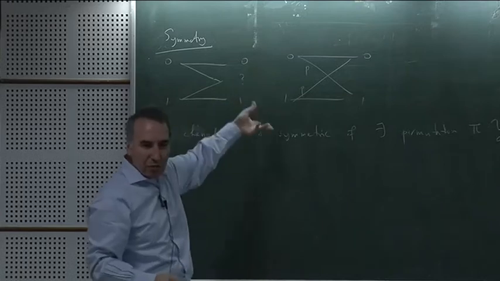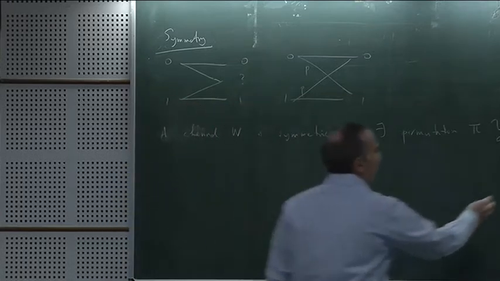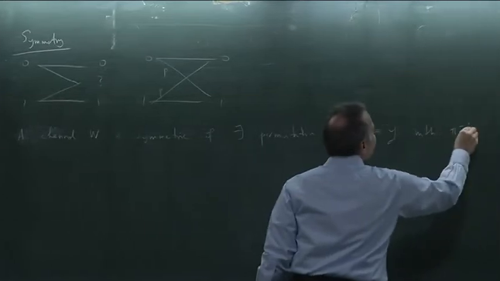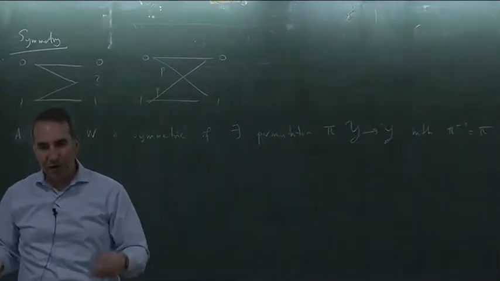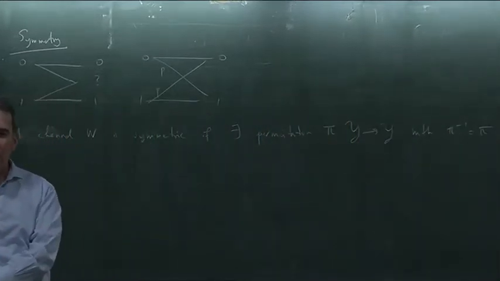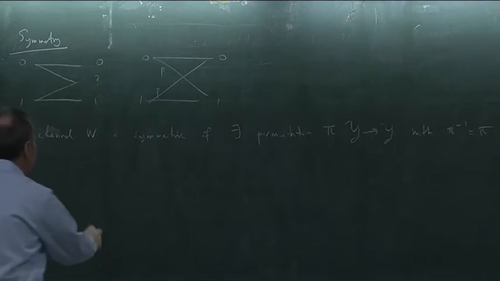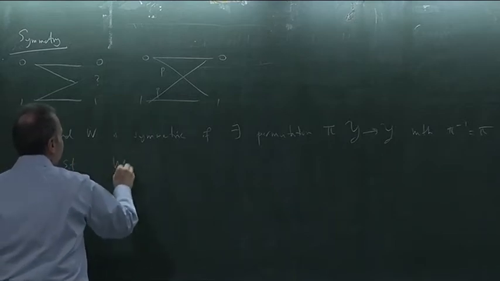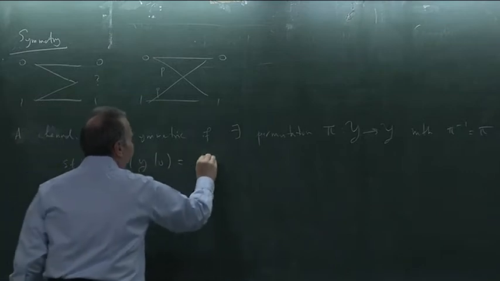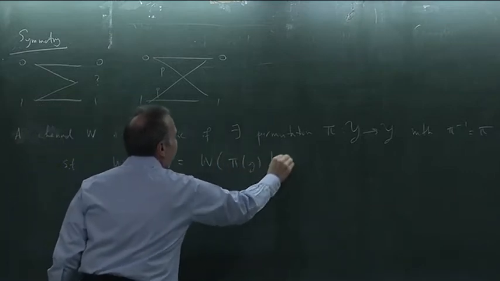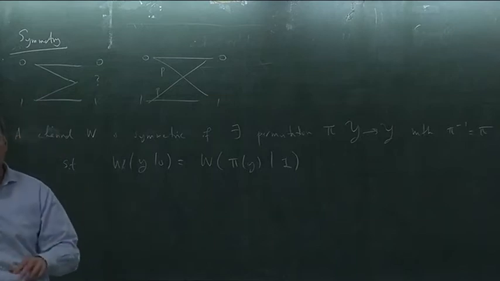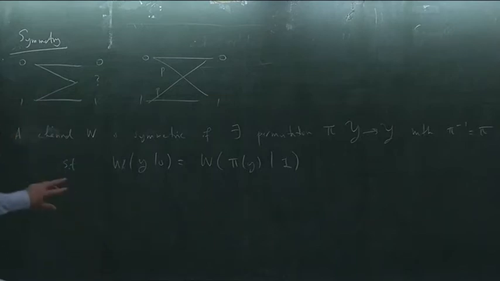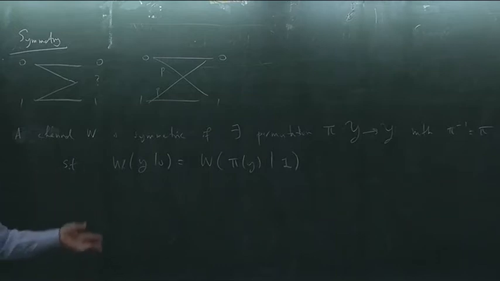If you swap again, you get back where you started, so pi inverse is equal to pi, such that W of y given 0 is the same as W of pi of y given 1. So if you swap the 0 and the 1, and replace the y by pi of y, you get exactly the same channel back. So this means symmetry.